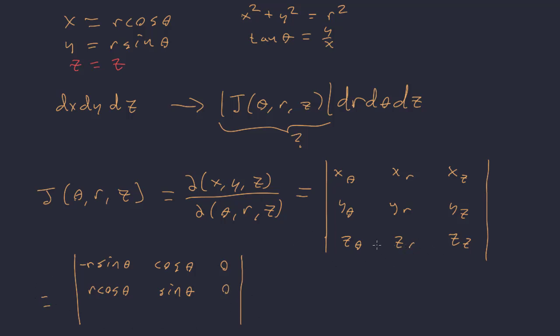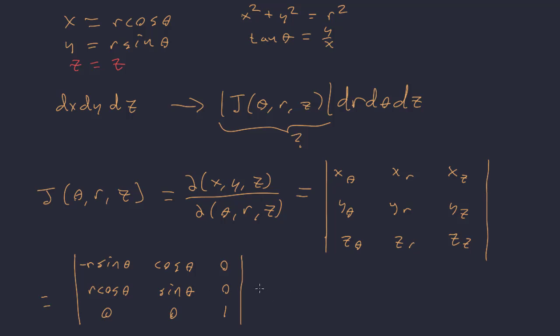Then we go to the z stuff. So z with respect to theta, well, there's no theta here, so that will be 0. Z with respect to r, once again, 0. And z with respect to z, well, the derivative of z with respect to itself is just going to be 1.